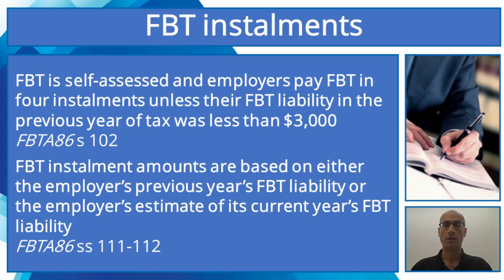Note that you don't have to pay FBT in installments unless your previous year of tax has been $3,000 or more. And when you are doing your installments, you basically look at the previous year's FBT liability or a reasonable estimate of the current year liability in regards to doing this assessment process and then paying in installments.